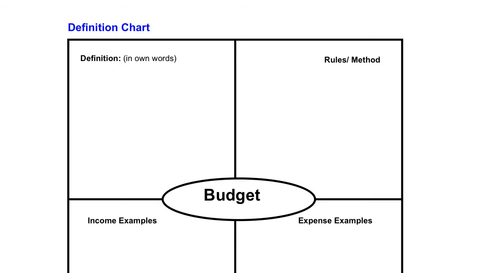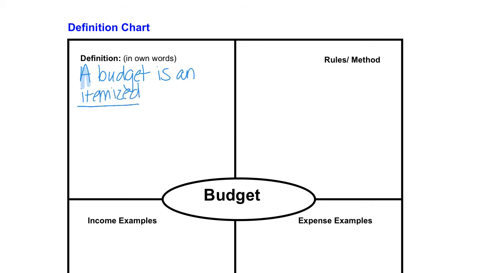So I've already been using that word budget in our lessons. So now I think it's time that we provide a good definition of what a budget is. Okay. So the first thing we're going to write is, oops, I'm still on highlighter. Excuse me. So a budget is an itemized.